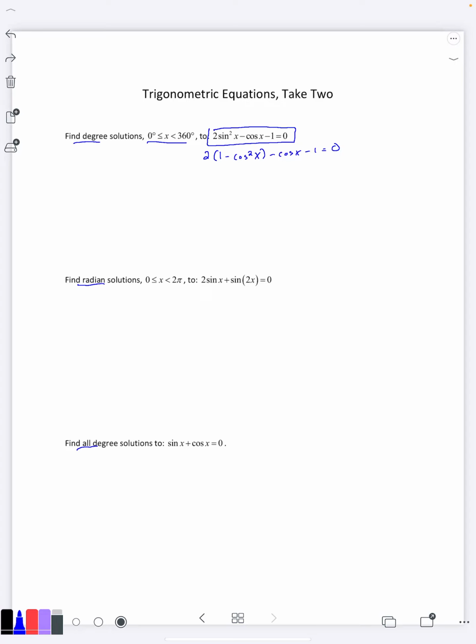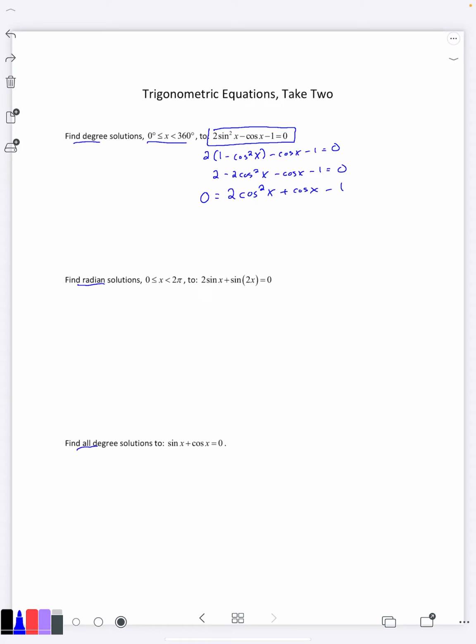That's using the Pythagorean identity. And now we only have cosine left. If I distribute things out here, and then combine like terms, move everything over to the right side so I have positive coefficients, I'm going to have 0 equals 2 cosine squared x plus cosine x minus 1.